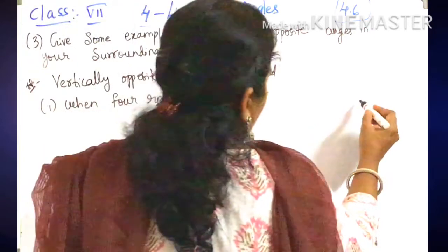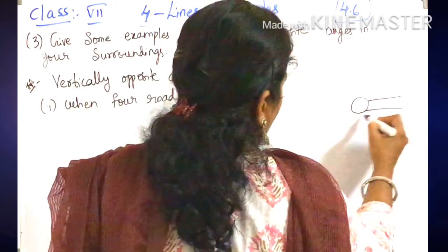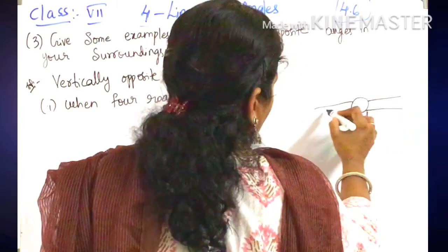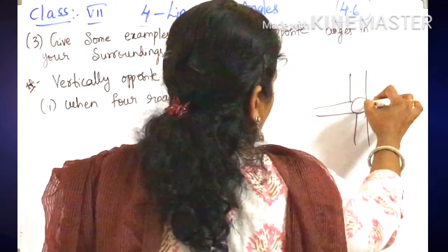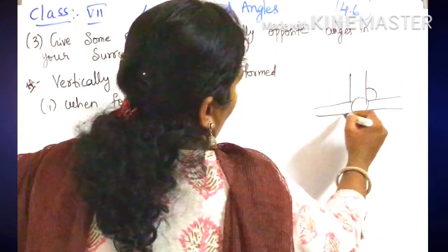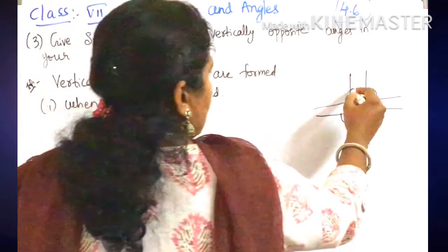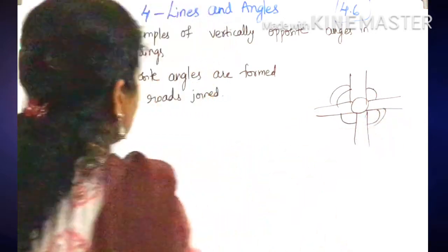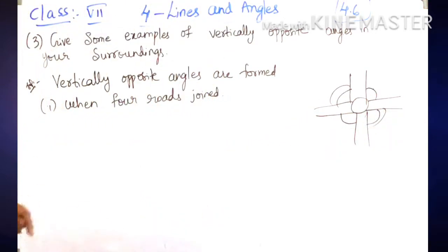Means you will have four roads joining here. Like this, this and this form vertically opposite angles, and these are vertically opposite angles. So vertically opposite angles are formed when four roads are joined.